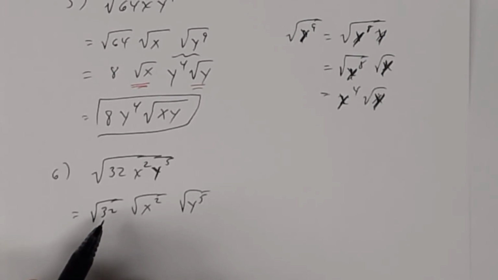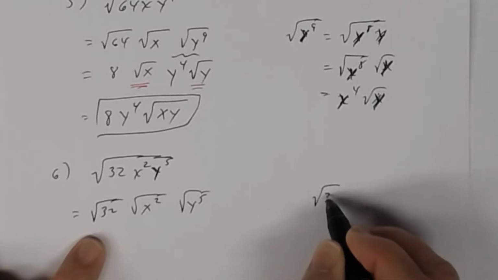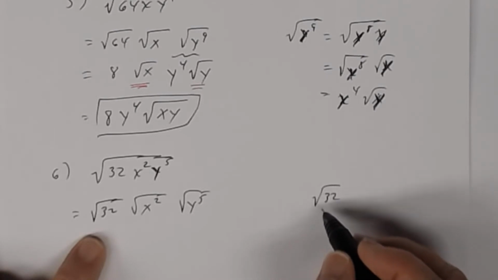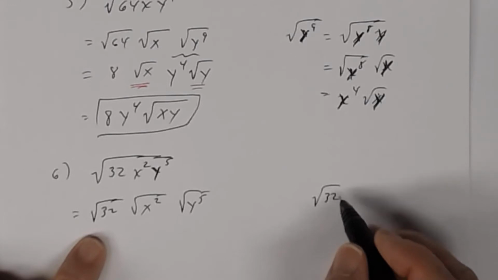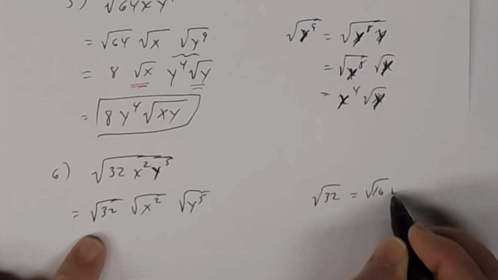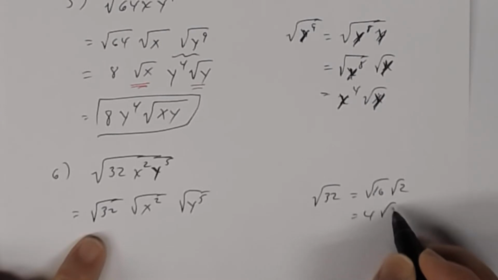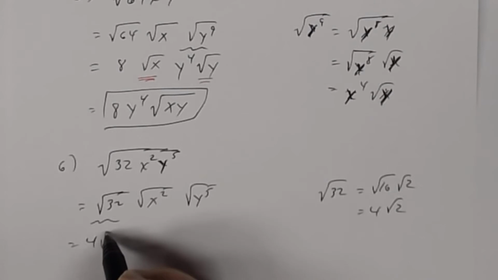Remember, 32 is not. There's no integer times itself that's 32. So we've got to simplify the square root of 32. The largest perfect square that goes into 32 is 16. So I can rewrite this as square root of 16 times the square root of 2. And the square root of 16 is 4, so I get 4 square root of 2.